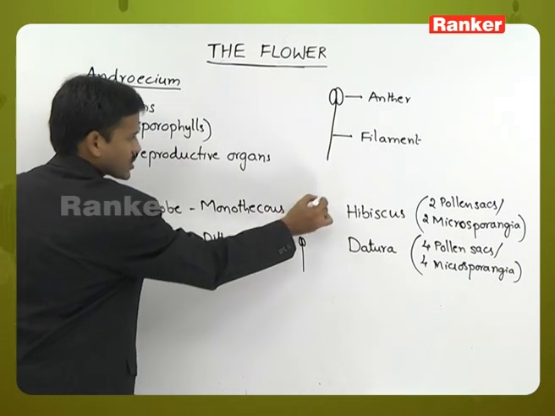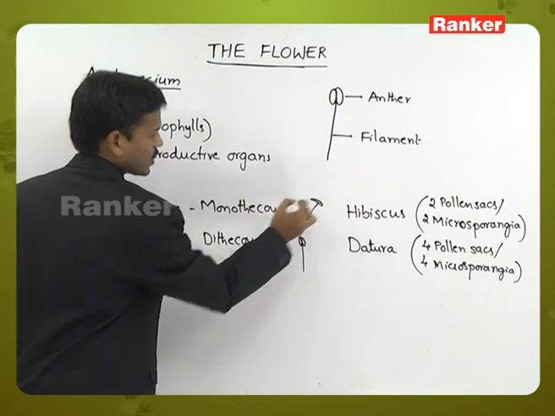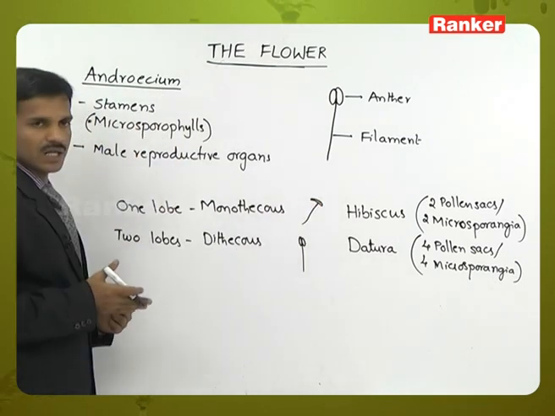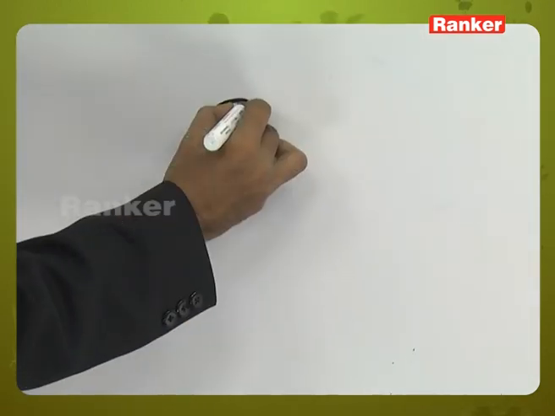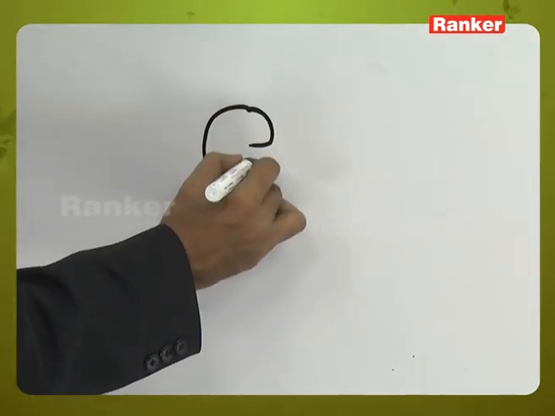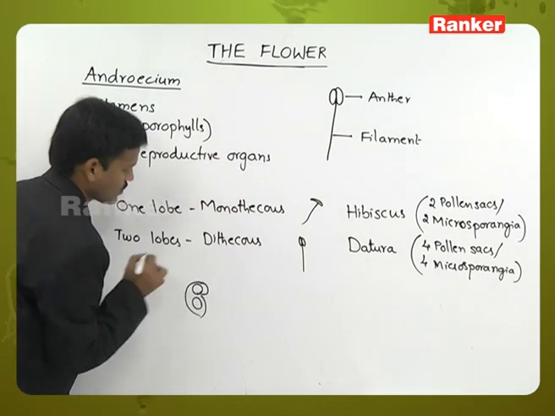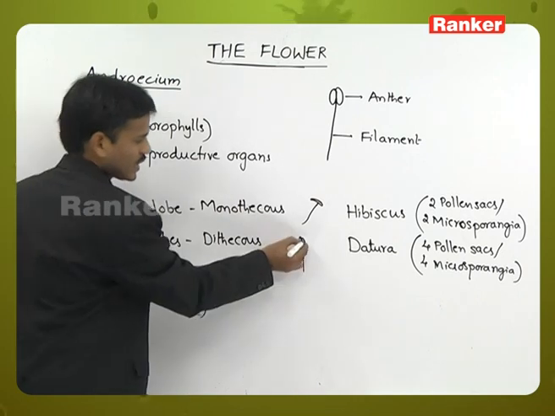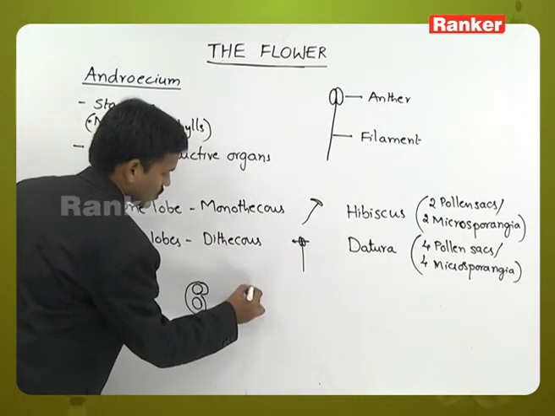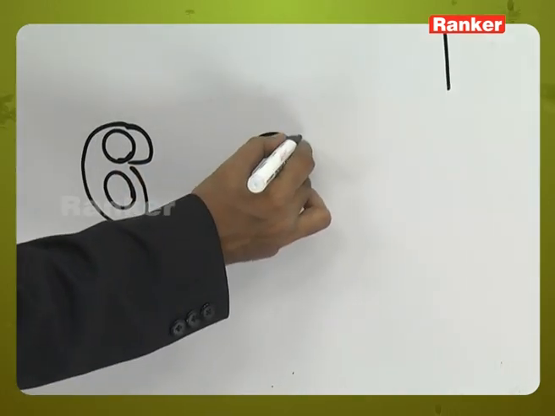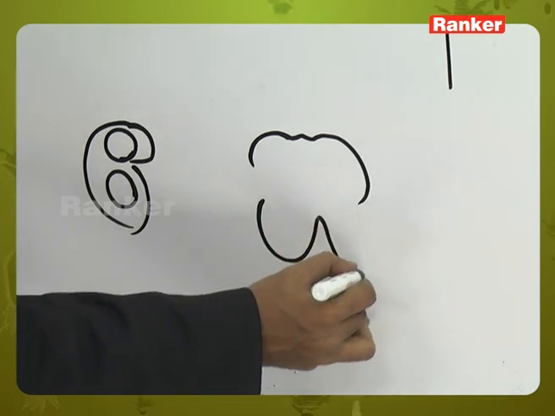If we take a cross section of the monothecous anther, cutting it transversely, it shows one pollen sac, and this is also one pollen sac. If we take a cross section of the dithecous anther, it shows two lobes and 4 pollen sacs.